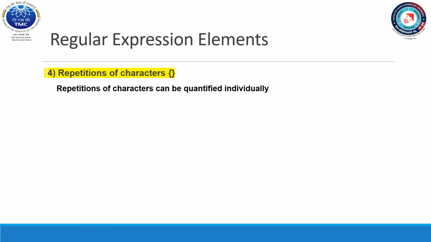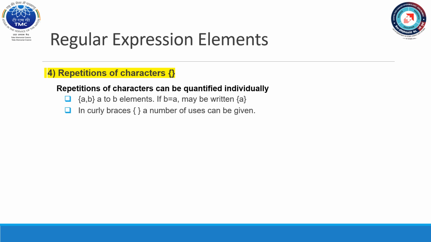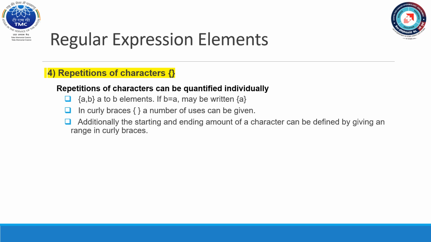Repetitions of characters can be quantified individually as well. In curly brackets, {A,B} defines A to B elements. If B equals A, it may be written as {A}. In curly brackets, a number of uses can be given. Additionally, the starting and ending amount of a character can be defined by giving a range in curly brackets.